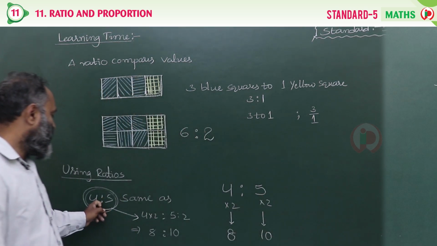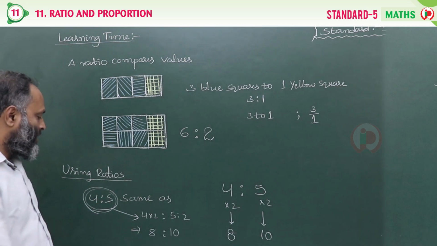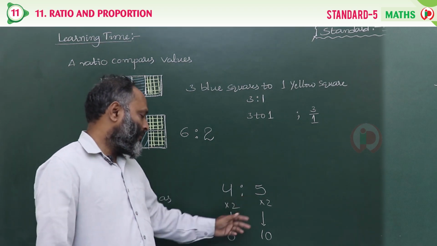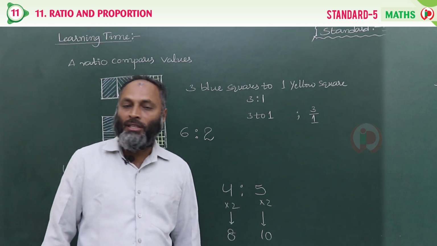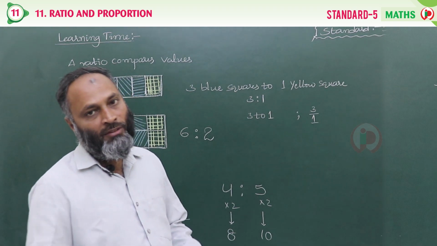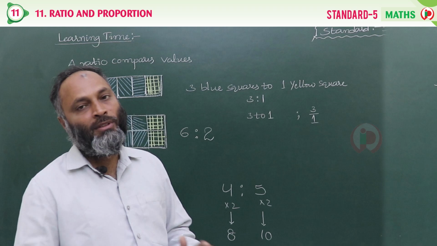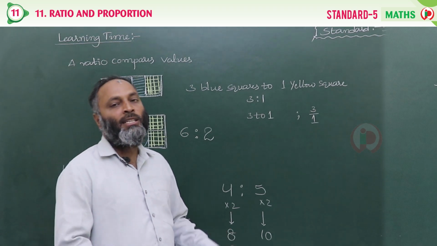So 4:5 is the same as 8:10. If you multiply both numbers with the same numeral, then you'll get the same ratio.